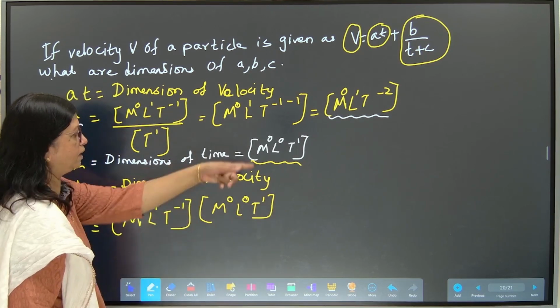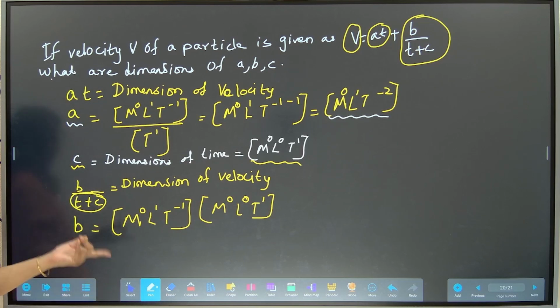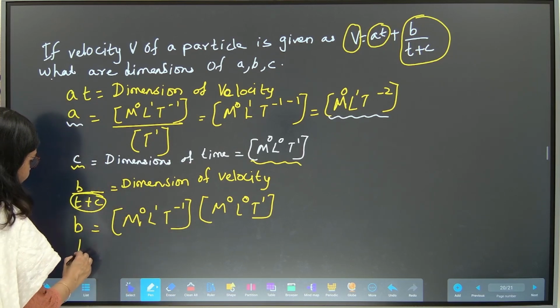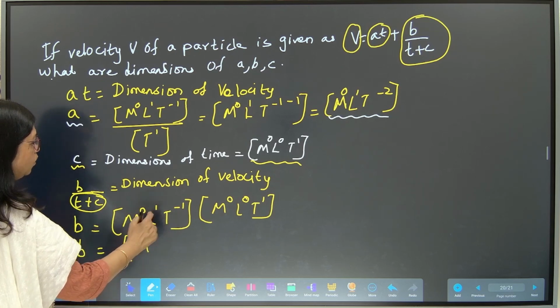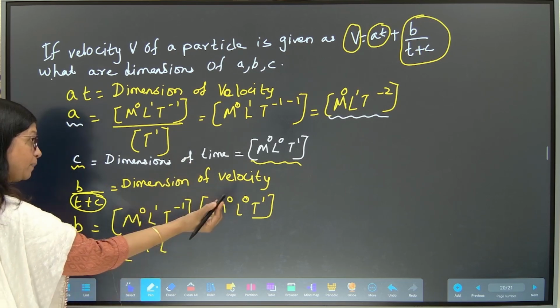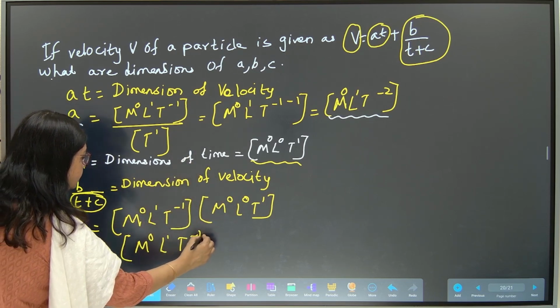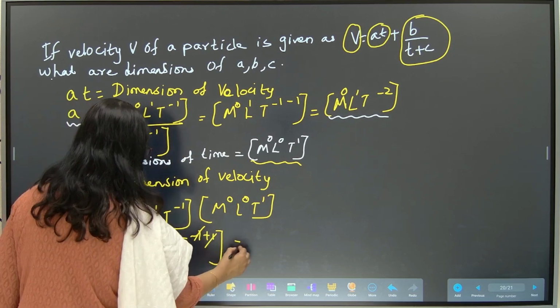Correct? From here I have written. I have just taken this there so that I get B. Simple cross multiplication. Fine. So now I work out and get B is equal to M raised to 0, L raised to 1 plus 0, L raised to 1, and T raised to minus 1 plus 1. If I write T raised to minus 1 and this plus 1, it becomes 0. So what is my answer?